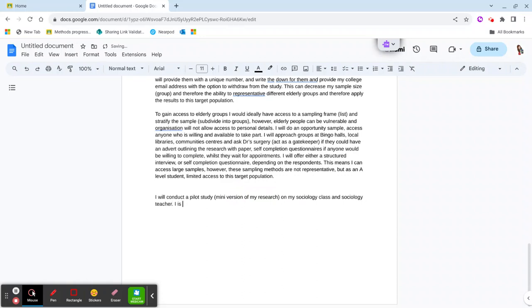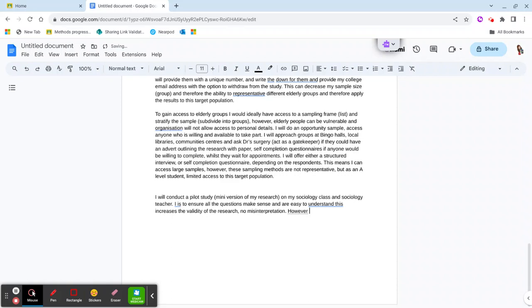This is to ensure all the questions make sense and are easy to understand for respondents. This increases the validity of the research, as there is no or limited misinterpretation.